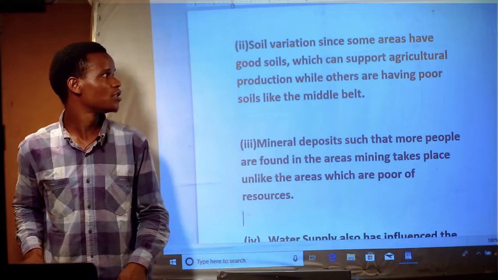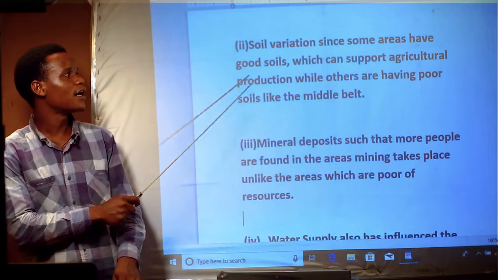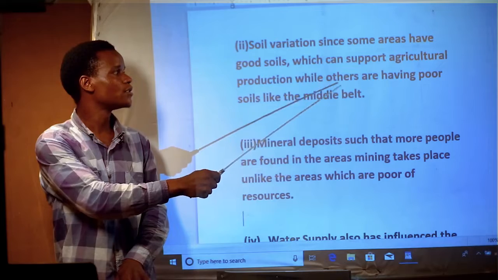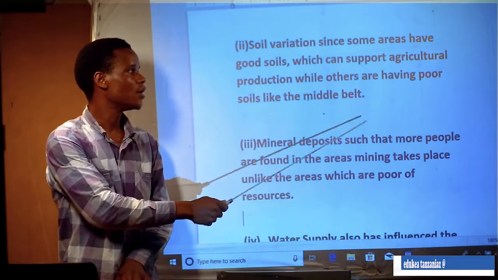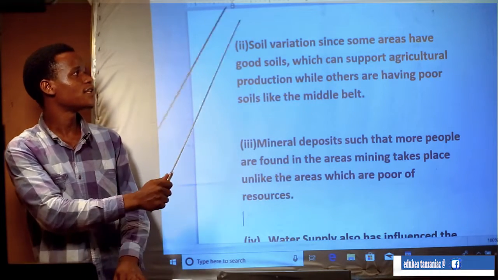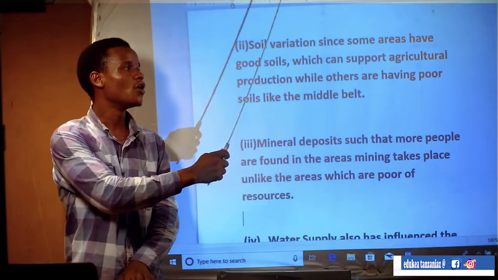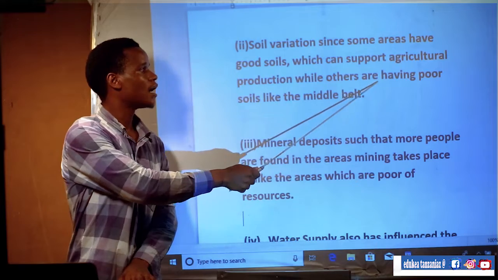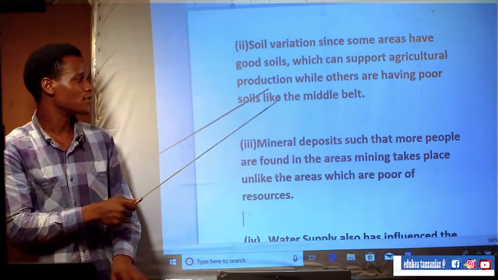So the point to note here is that the areas that have fertile soil tend to have higher population since it supports agricultural activities, while the areas that have infertile soil tend to have low population because that area does not support agricultural activities.